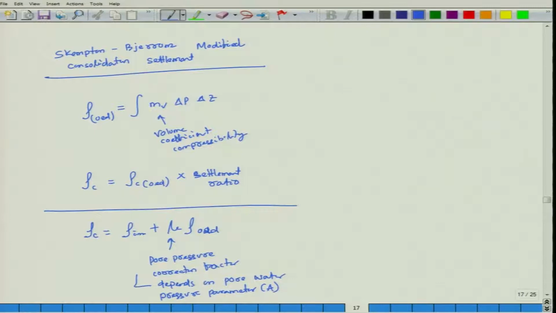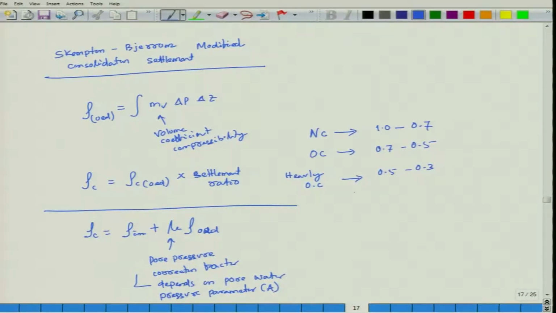Generally for rough design, for NC normally consolidated clays, the value of the correction factor is taken as 1.0 to 0.7. For over consolidated clay OC, the mu value has been taken as 0.7 to 0.5. Then for heavily over consolidated clay, this value will be 0.5 to 0.3.